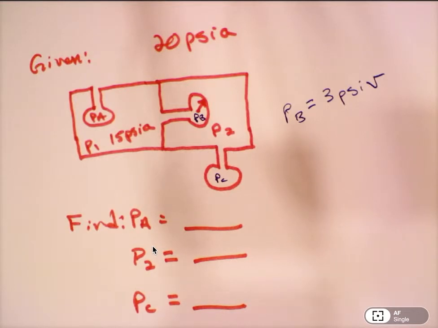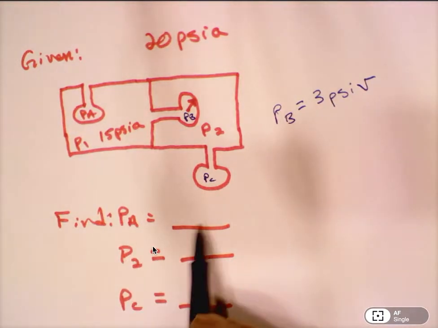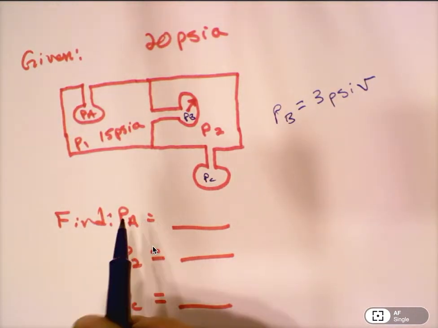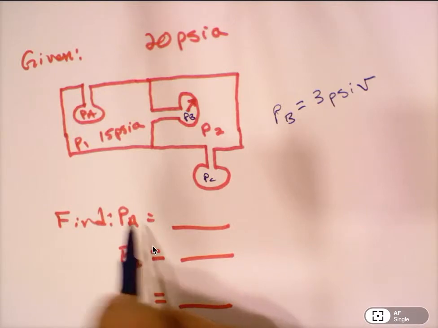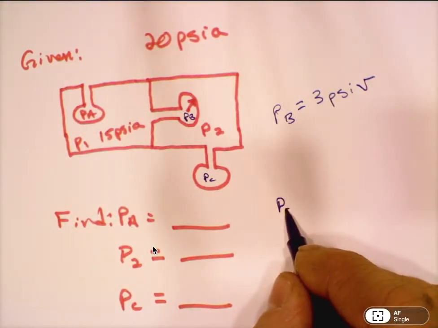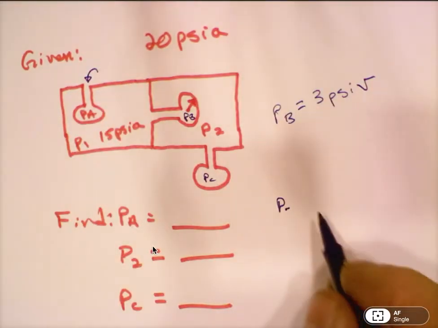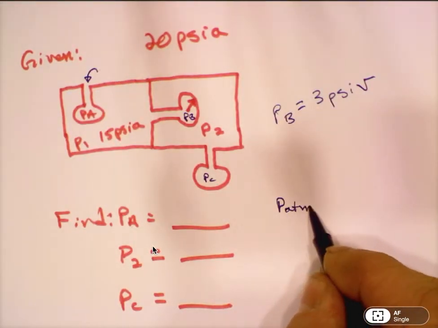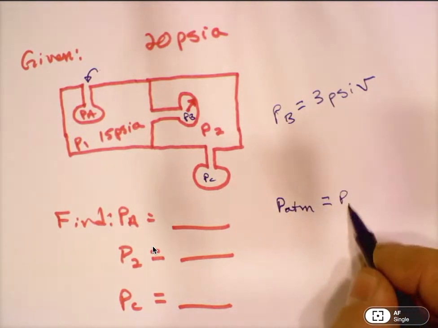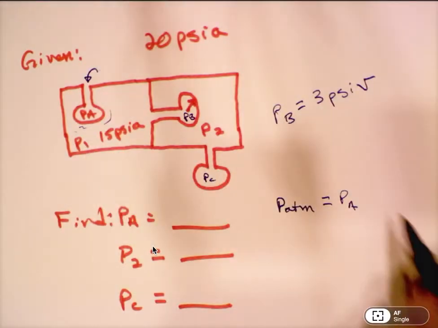All right, well, I hope you're back from your pause. I will quickly go through and solve each one of these. Now for PA, the gauge is A. So the system is, what flows into gauge A is the atmosphere. The gauge is A, and what surrounds gauge A is P1.